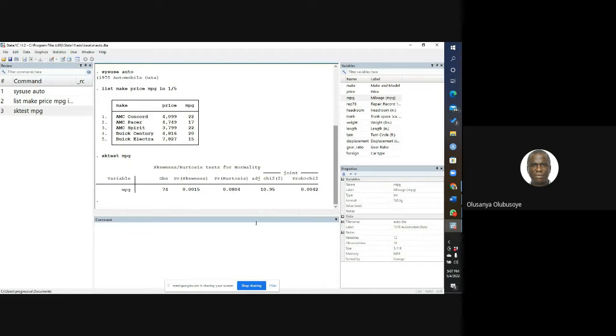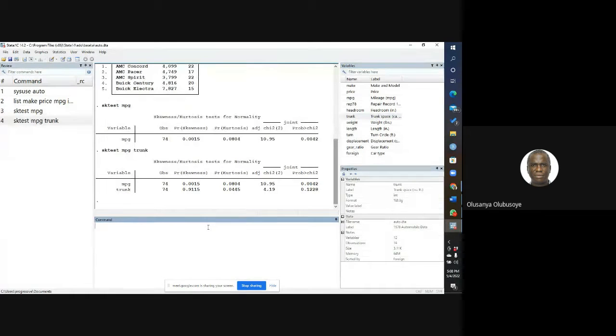We could also, like I said, look at two continuous variables at the same time. Let me look at MPG and trunk. Again, we can see that in the case of MPG, we reject the null hypothesis, but in the case of trunk, we cannot reject the null hypothesis.